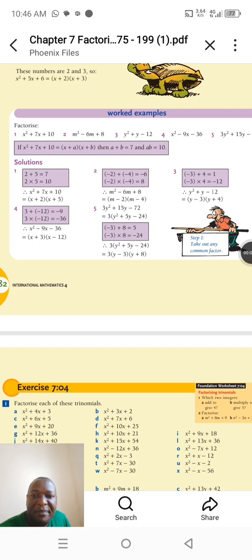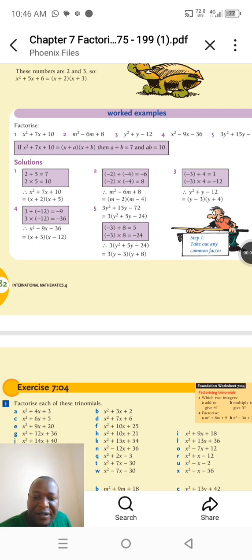Such numbers are 2 and 5. If you take 2 plus 5, you get 7, which is the coefficient of x. And 2 times 5 is 10, which is the product of the coefficient of x squared and the constant c, in this case 10.